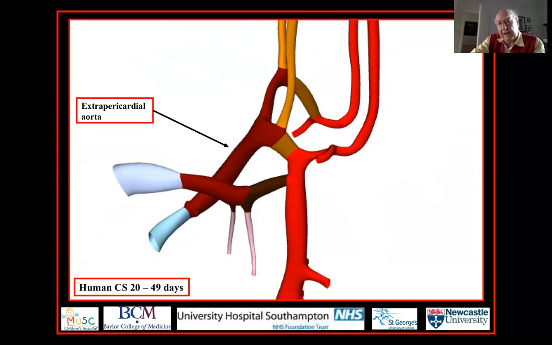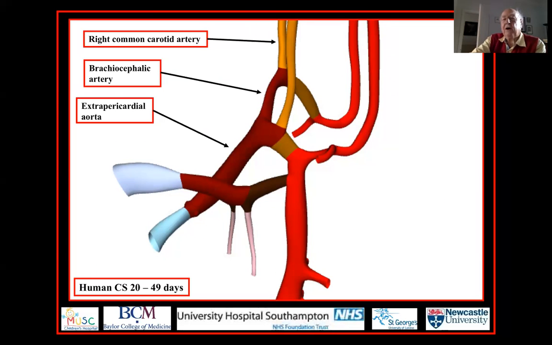So let's look at that right horn, that extrapericardial component of the aortic sac, which gives rise to the right horn, which we can now recognize as the brachiocephalic artery. And you can see the brachiocephalic artery is giving rise to the artery of the 3rd arch, which we can now recognize as the right common carotid artery.